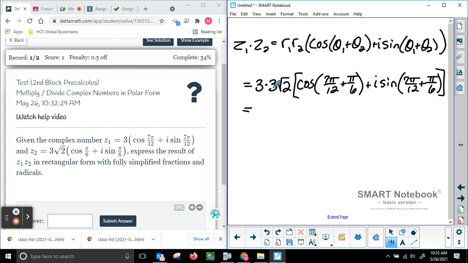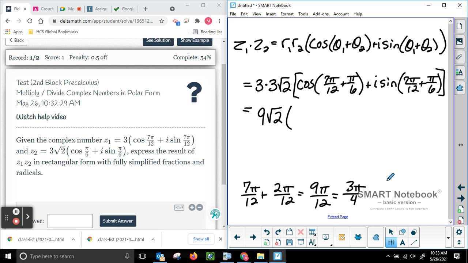When we simplify all this out, this will be 9 square roots of 2. This is going to be 2 pi over 12 if we get a common denominator. So 7 pi over 12 plus 2 pi over 12 is going to be 9 pi over 12, which reduces to 3 pi over 4.